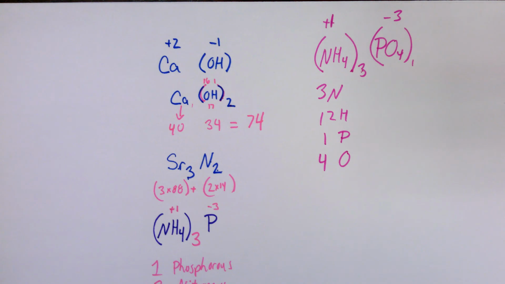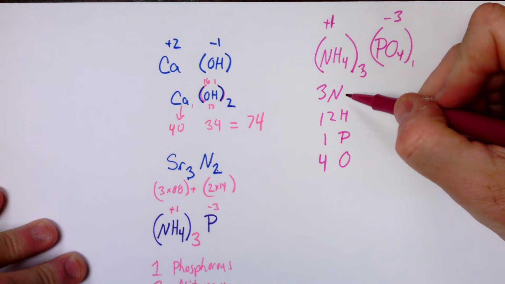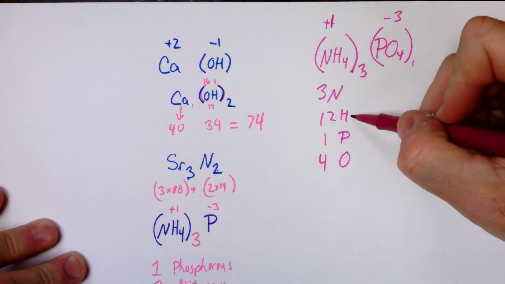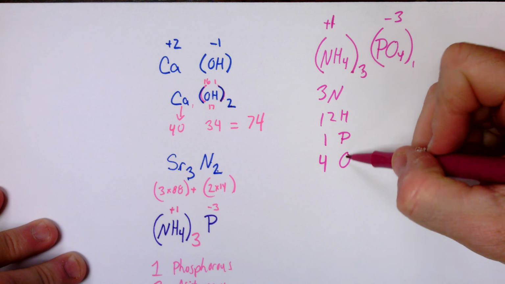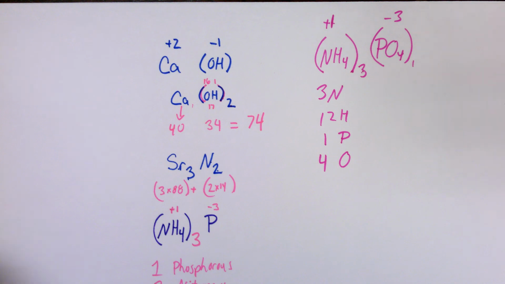So if I want to know the formula mass for this guy, I have to add up the masses of 3 nitrogens, 12 hydrogens, 1 phosphorus, and 4 oxygens, and that would give me my formula mass, or how much does that unit of that compound weigh? What is its formula mass?